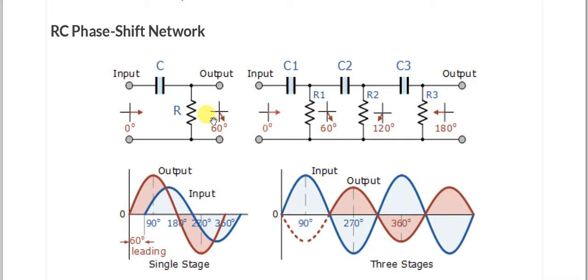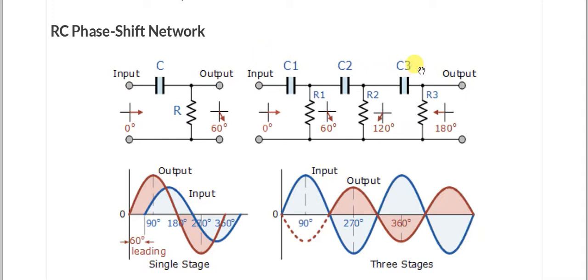So here we have got three circuits. This is first, this is second, this is third. C1, C2, C3, R1, R2, R3. In this case, since each is producing 60-degree phase shift, C1 is equal to C2 is equal to C3, R1 is equal to R2 is equal to R3.